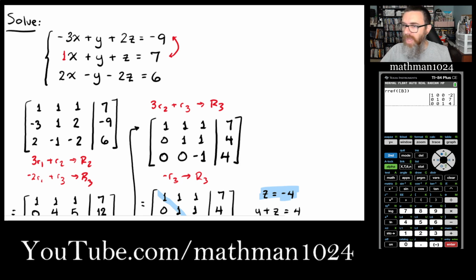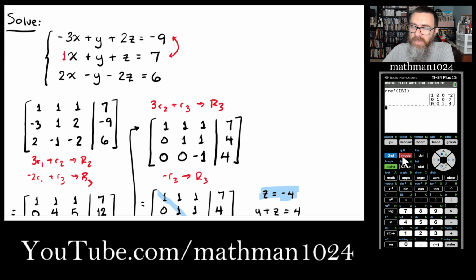All right, so let's go back over here to our matrix. Edit, matrix B, 3 by 4 is still good. We have, let's go to the original one, negative 3, 1, 2, negative 9. Then we have 1, 1, 1, 7, 2, negative 1, negative 2, 6.